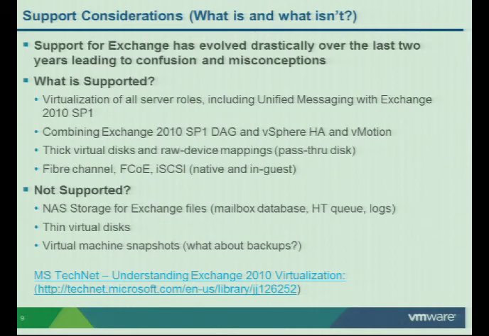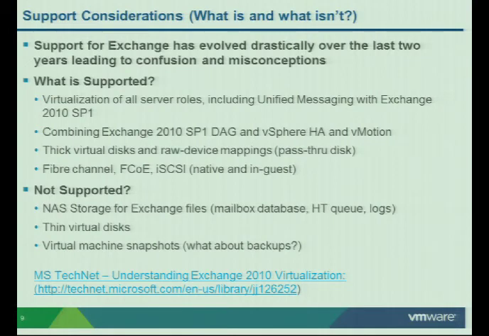Now, the vMotion or the live migration or whatever that particular hypervisor calls it, using that feature with the DAG node or the clustered VM needs to be supported by the hypervisor, but Microsoft is okay with us doing that. From a disk perspective, you can use either virtual disks or raw device maps, also known as pass-through disks.